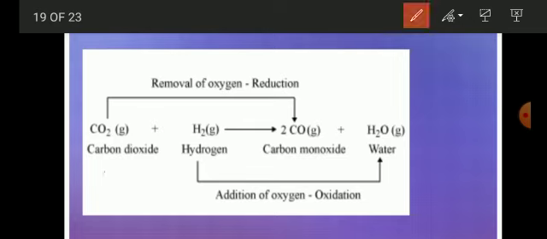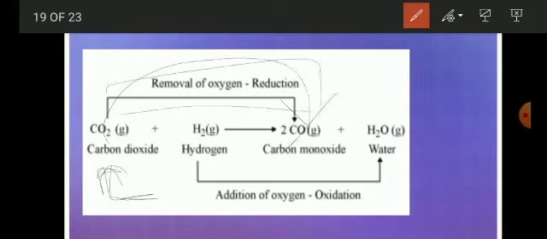Here in carbon dioxide, the oxygen from carbon dioxide is getting removed, so it is your reduction. And in hydrogen, oxygen is getting added here, so it is your oxidation. Fine. So this is your reduction and oxidation, and I hope that you understood this.